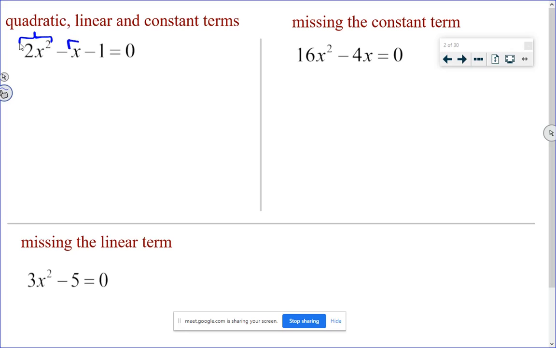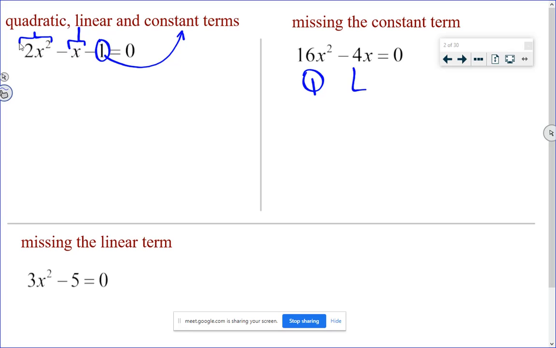There is a linear term, and there is a constant term. You should know these terms, these words from polynomials. X squared is quadratic, x to the 1 is linear, and x to the 0, which is what that 1 is, constant.